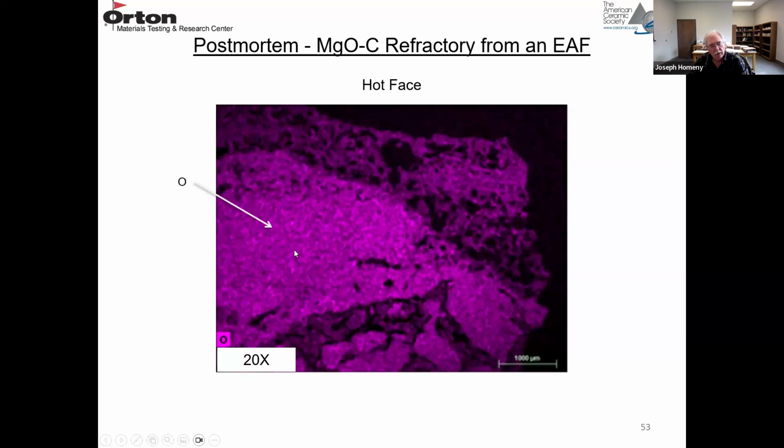And the oxygen is in purple. It highlights the MgO grains, and it's also in the slag. The darker regions are the intact refractory where there's carbon present, so a lack of oxygen.